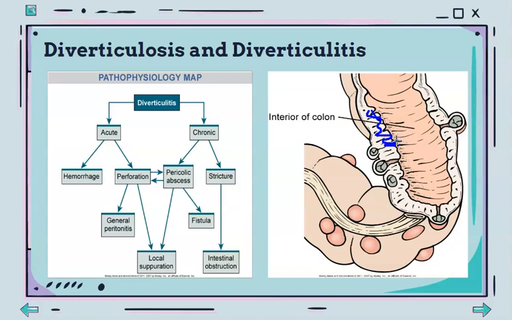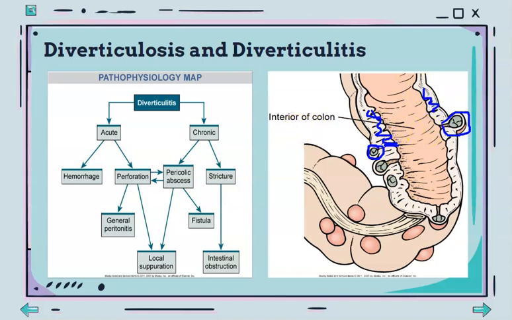So when we have diverticulosis or diverticulitis, this right here is essentially a diverticulosis. We have this little outpouching that's just, there's a particle of food or stool or something in there, but it's not inflamed. Diverticulitis is when it becomes more inflamed. So diverticula are normal.